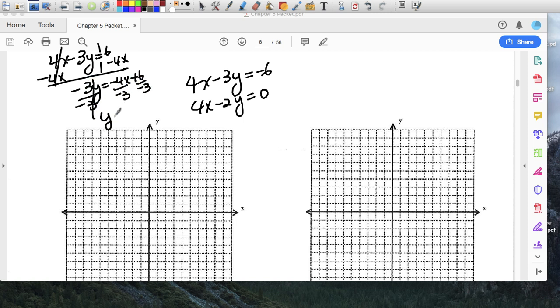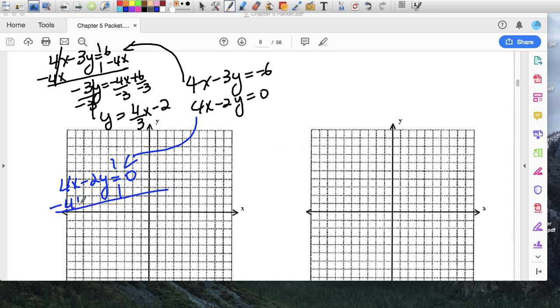And we're going to get y equals, and negatives are positive, so this whole thing we can rewrite as 4/3 x. Positive 6 divided by negative 3 is going to be negative 2. So that's the equation of my first line. My second line, I'll change colors, is 4x minus 2y equals 0. Same thing, let's isolate y.